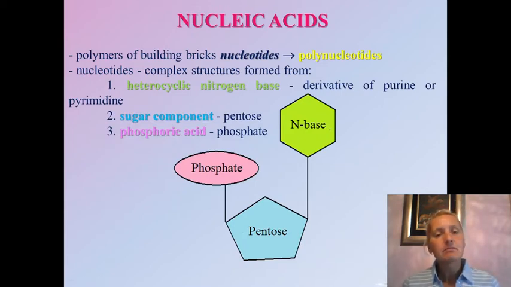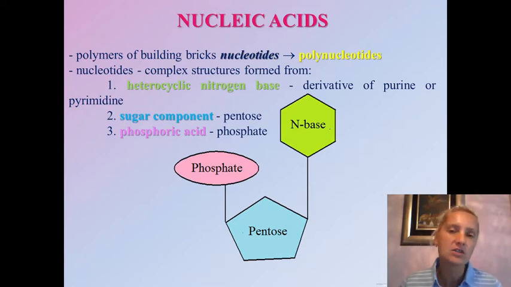Each DNA strand is a polymer of basic building bricks which are marked as nucleotides. The building bricks of DNA and RNA, of nucleic acids, are nucleotides, and when they are attached to each other, they form polynucleotides.